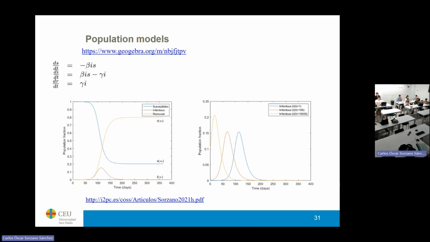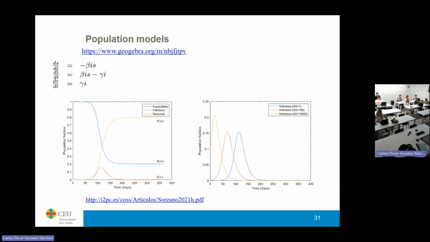You can play with beta and gamma, and you can also see how the number of infectious grows if in a population there is only a single person that is infectious, or 100 people, or 10,000 people.